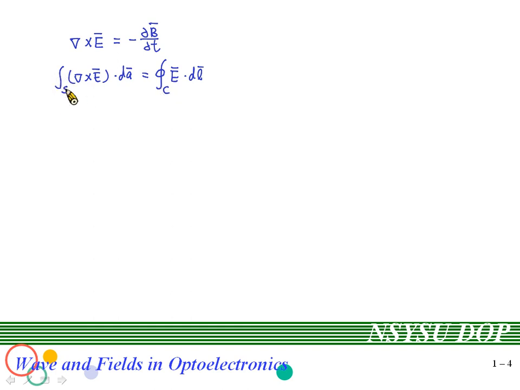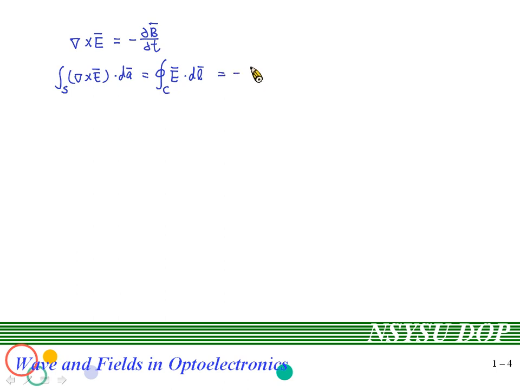This means that if you perform the curl of E over an open surface, this will equal the closed line integral of E along C, which is the contour of the open surface. And for the right-hand side, we also do the surface integral.